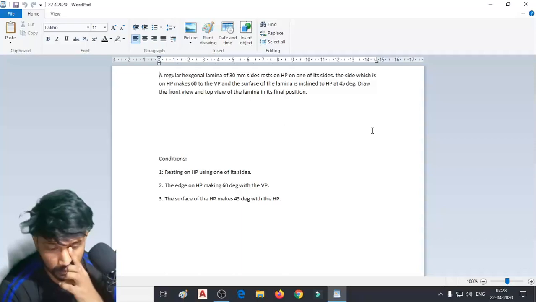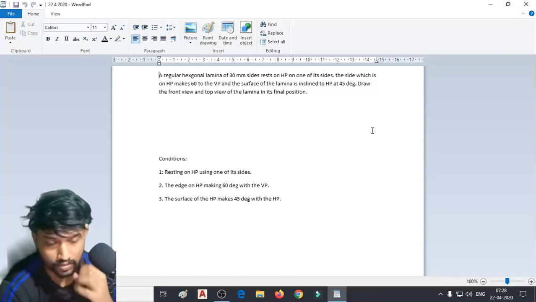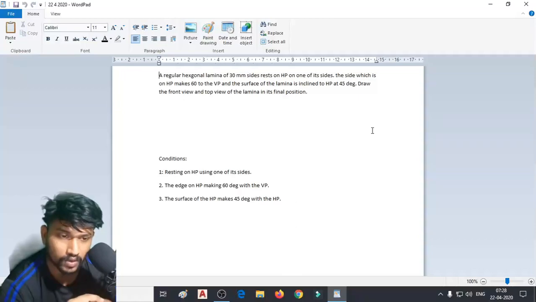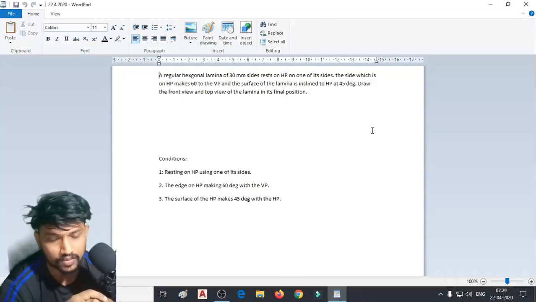Before we enter into the third unit, I just want to let you know that understanding the projections of planes concept is very important in order to understand the projections of solids, which are somewhat similar, because solids, if we consider the outer edges, are made up of planes, right?